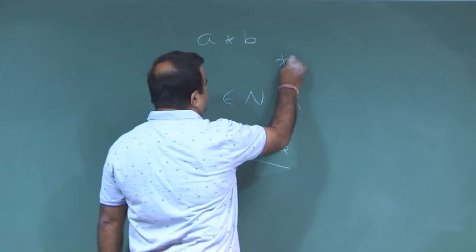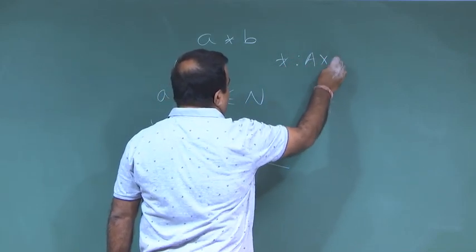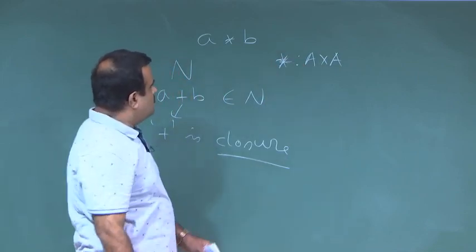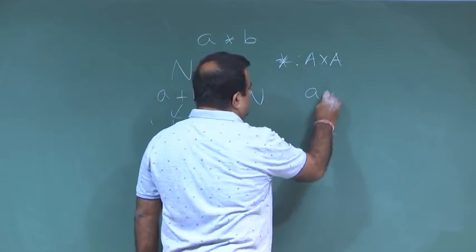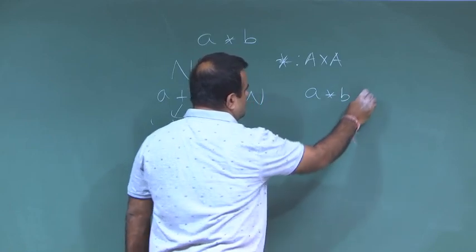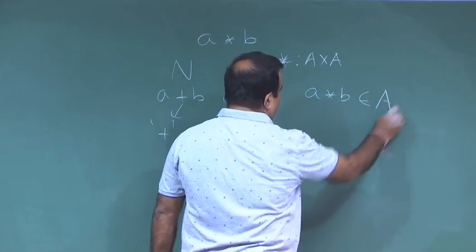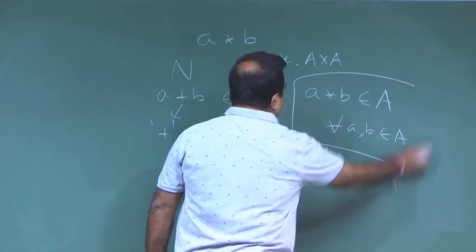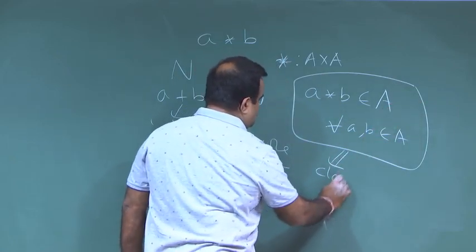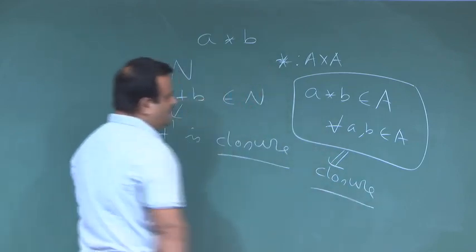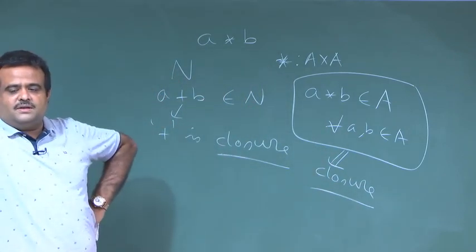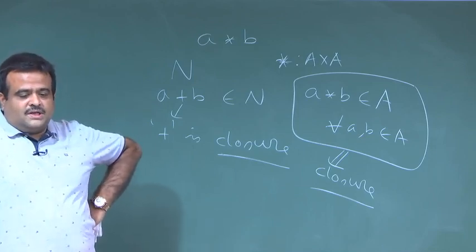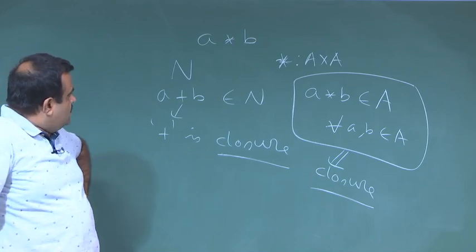If we have a binary operator star on A, it will be called closure if a star b belongs to A for all a, b. Then this binary operation is called a closure operation, or it satisfies the closure property.